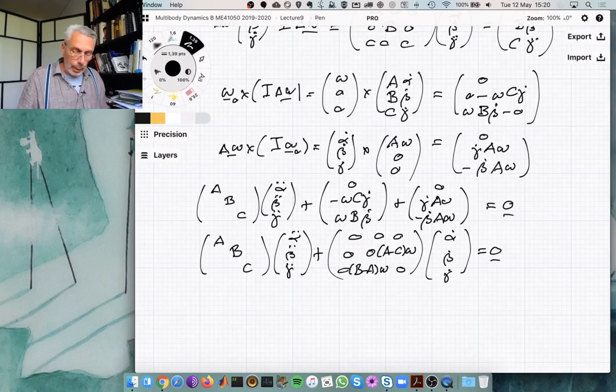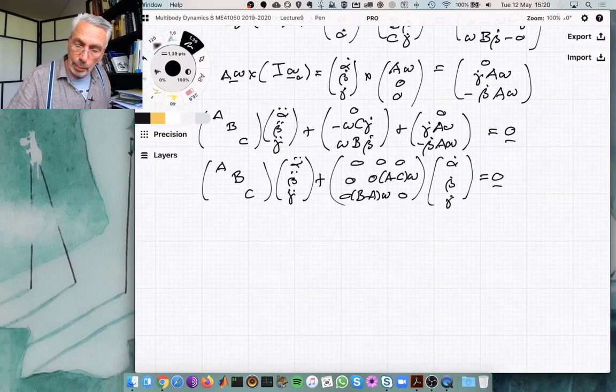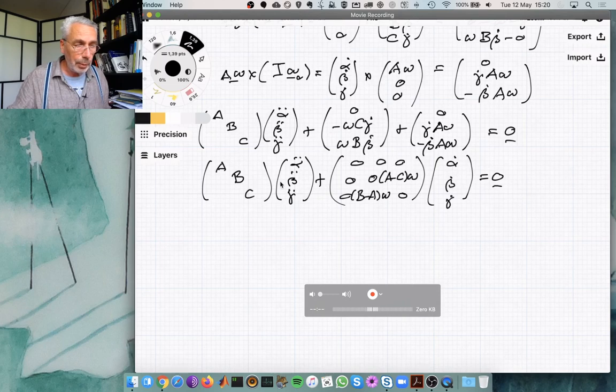Right? Now some of you may recognize in this a sort of eigenvalue problem. We have a time derivative of something, and we have two matrices.